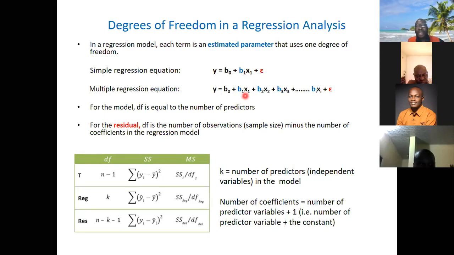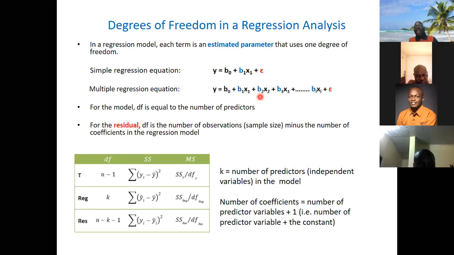In multiple regression, this can be 1, 2, 3, and as many as possible, it can be 2, 3, or more than that, plus the residual. Now, for the model aspect of it, the degree of freedom is divided, just like ANOVA, into the degree of freedom for the numerator and denominator.